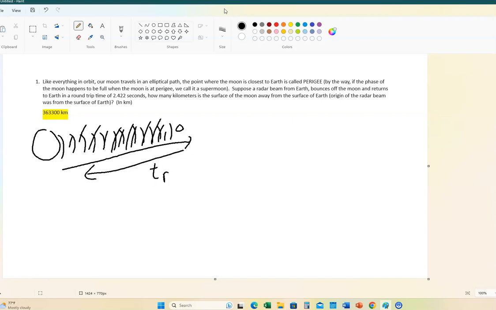I'll call it T round. That's given to us as 2.422 seconds. Very precise time, and we can actually measure it a little more accurately than that, but that's good enough.